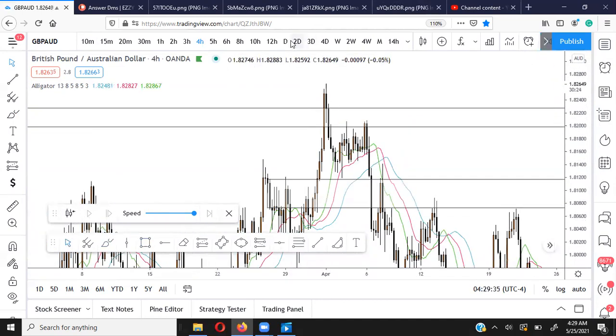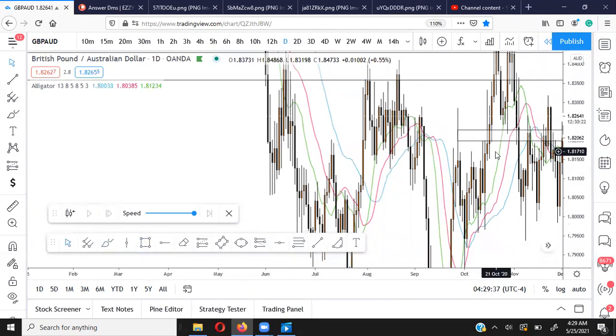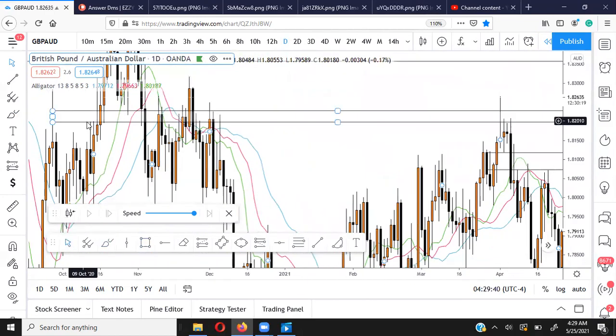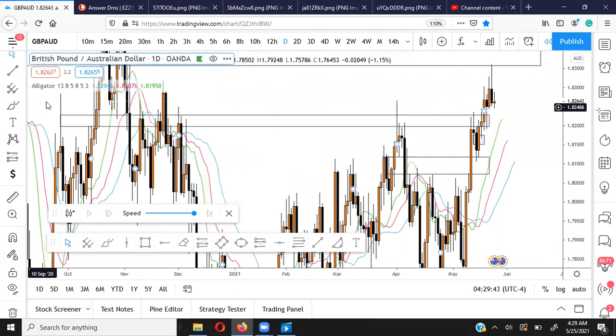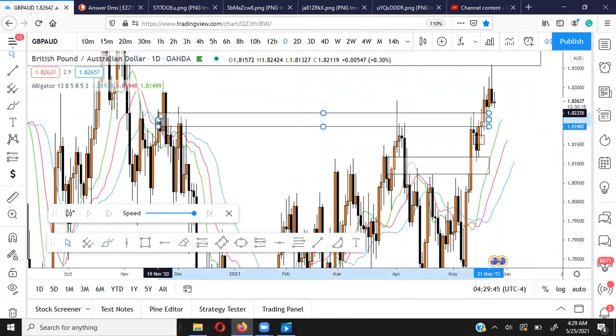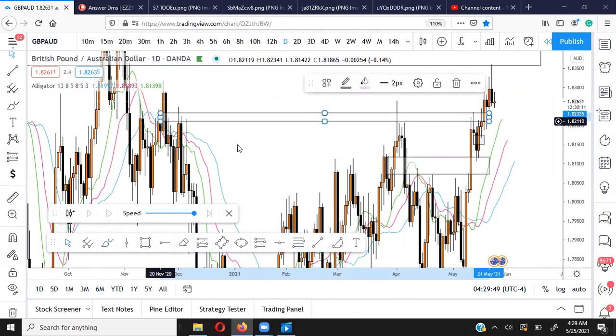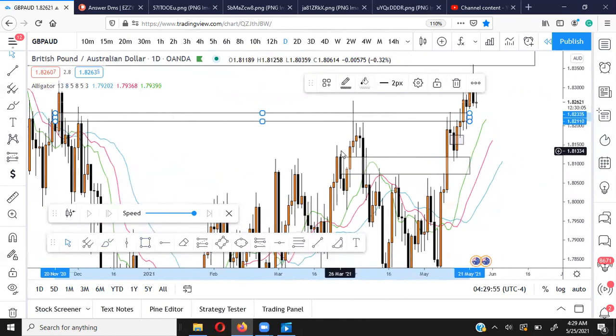This probably was a big spike. Let's see where we can find. Okay, there you go. This is the exact zone. So if you use this zone, you can see with first test, second test, third, the market came back to retest this IPO right here.